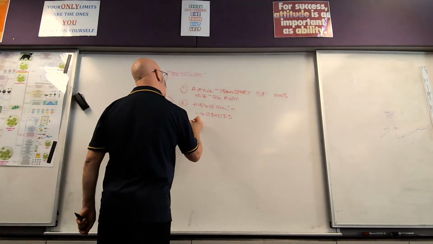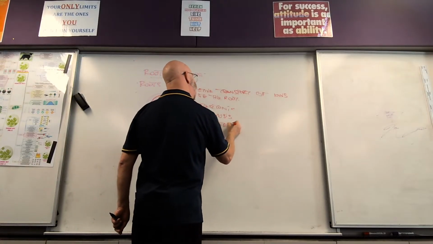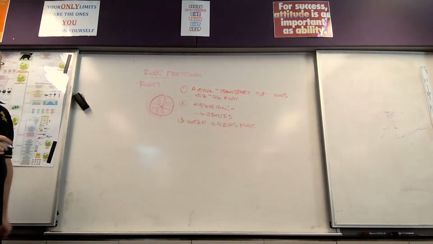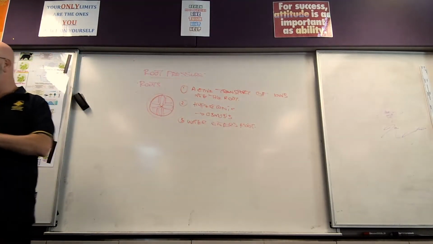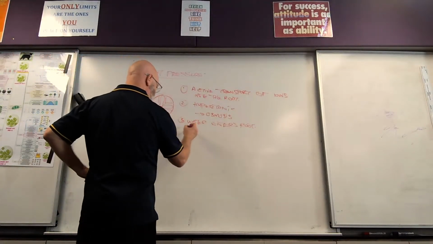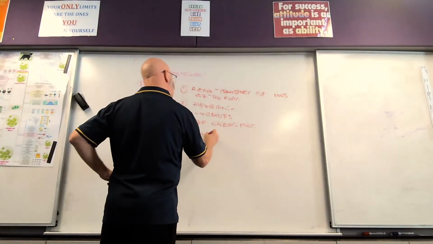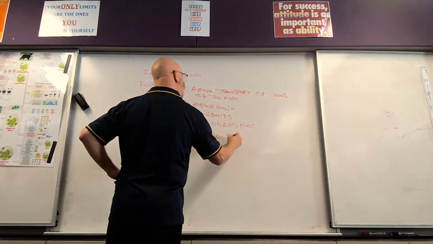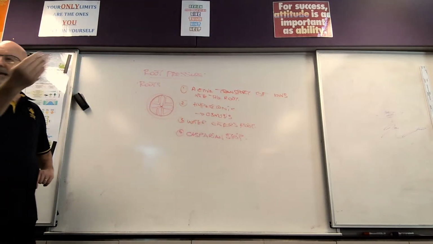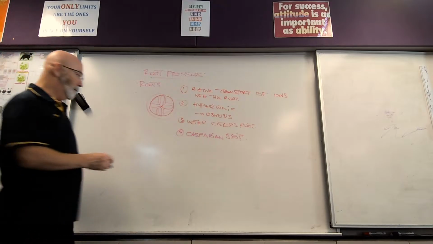Step three, water enters the root. The big thing is the Casparian strip. So we know that we've got a Casparian strip. The Casparian strip allows water into the vascular bundle, but not out again. Right?